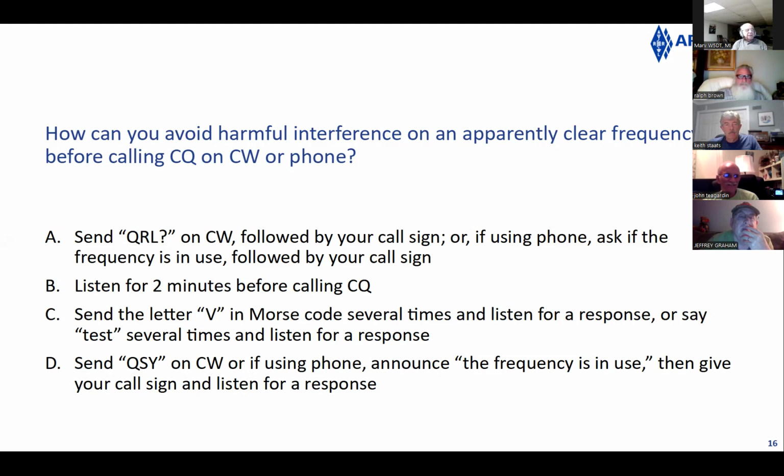Send QSY on CW, or if you're using phone, announce the frequency is in use, then give your call sign and listen for a response. A. A is it. Send QRL on CW, followed by your call sign, or if using phone, ask if the frequency is in use, followed by your call sign. And again, as I said, listen, listen, listen. It's very important.